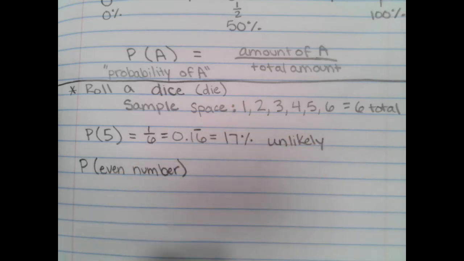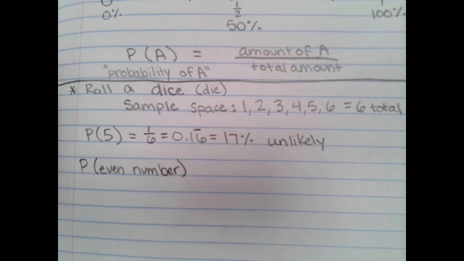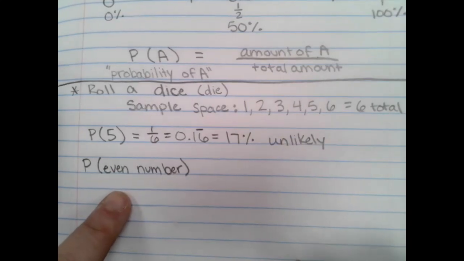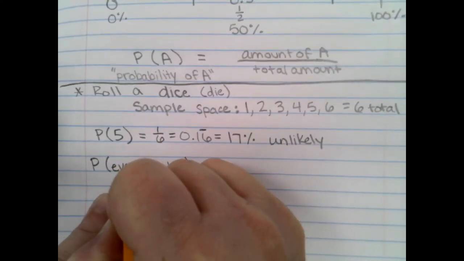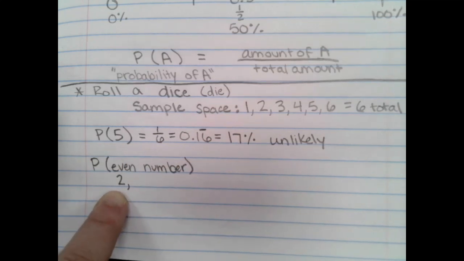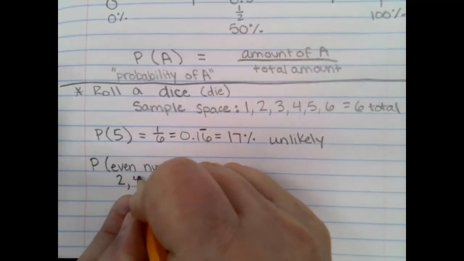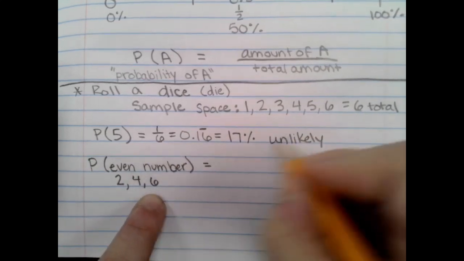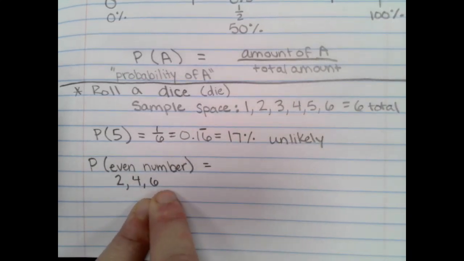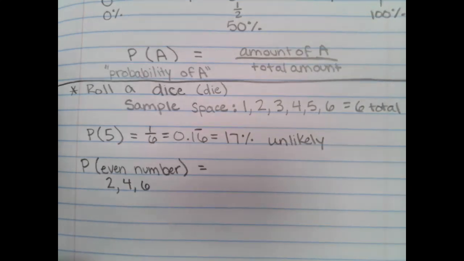Evens start at which number when we start skip counting? 0. 2. 0 is not even or odd, so 2. And if we skip count, it'd be 2, 4, and then 6. It would keep going, but on our dice, do we have an 8? No, so just 2, 4, 6.